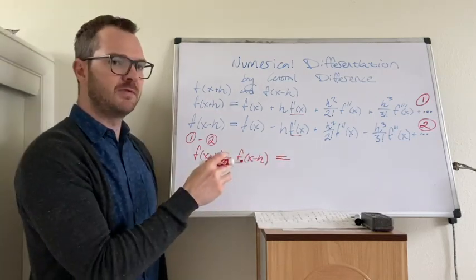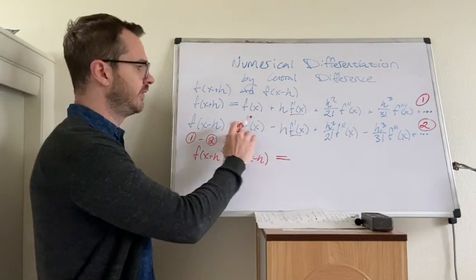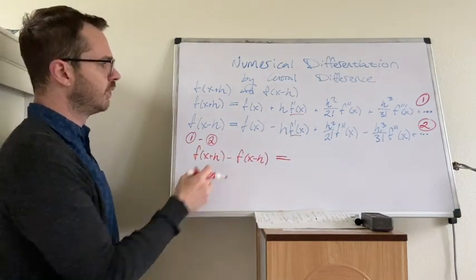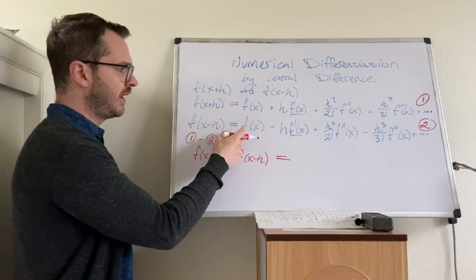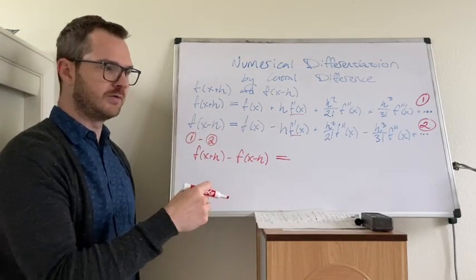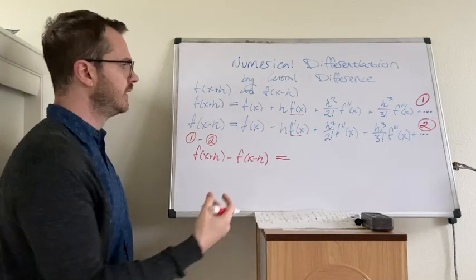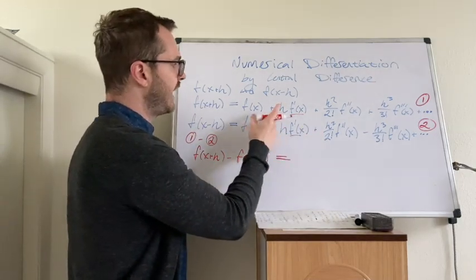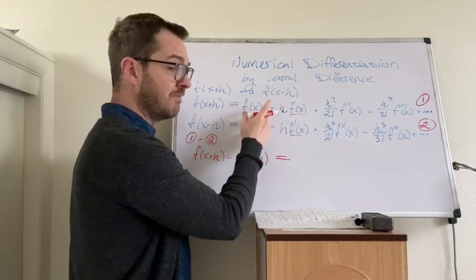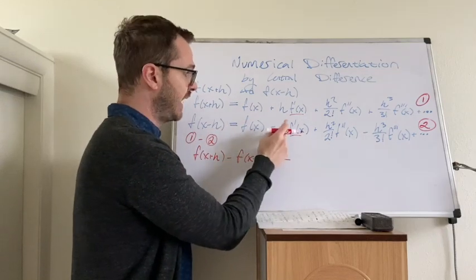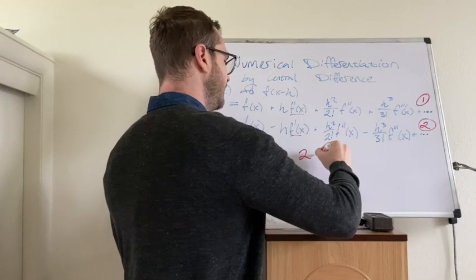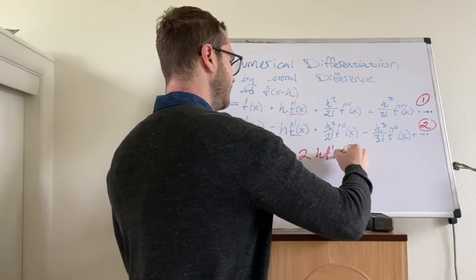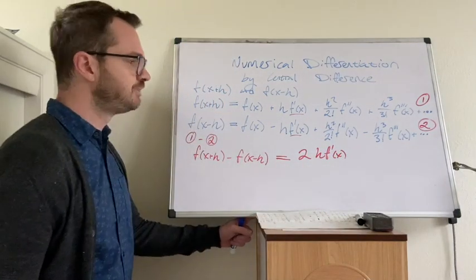Now, what happens to the terms on the right-hand side? Well, we're subtracting these two. So that would be f of x minus f of x, so the f of x's will cancel. Next, we're going to have h f prime x minus the negative h f prime x. That's going to give us 2h f prime x.